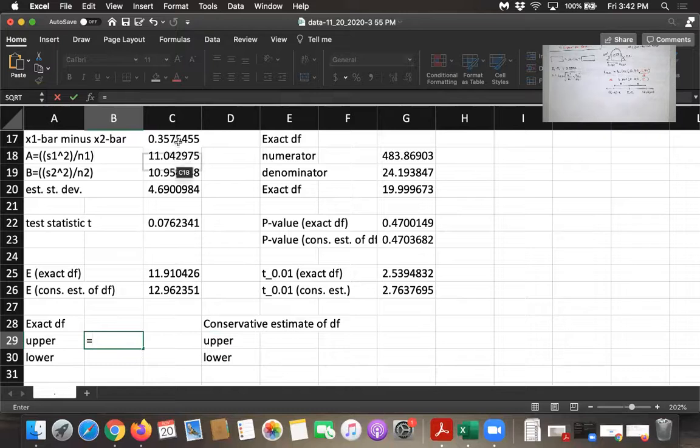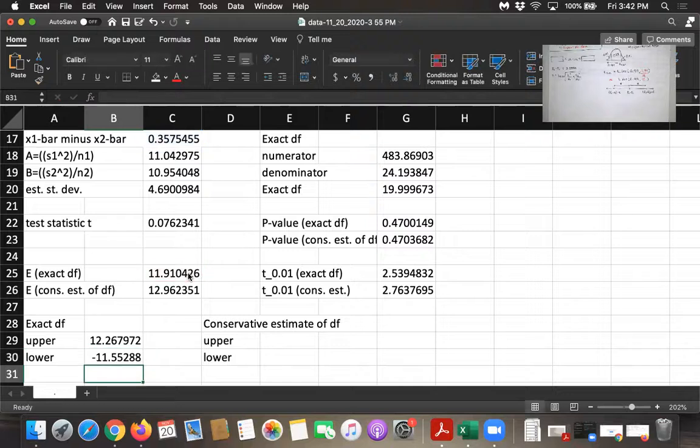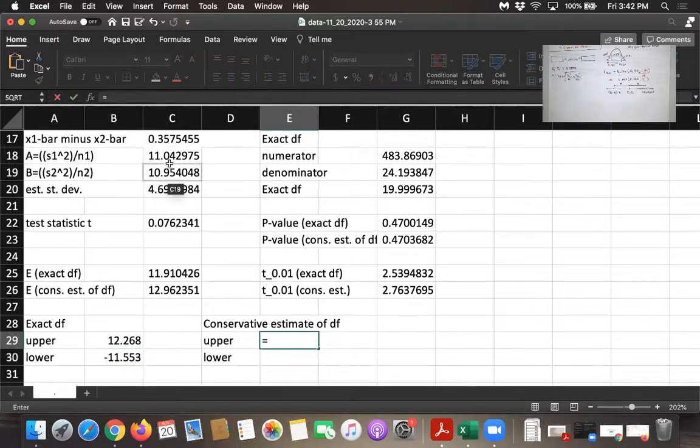So the upper limit takes x sub 1 bar minus x sub 2 bar, and it adds the error. And here I'm using the exact number of degrees of freedom. And then we have x sub 1 bar minus x sub 2 bar, and then we're subtracting the error. So we've got these values, and if we round to 3 decimal places, we get that and that. Okay, with a conservative estimate of the number of degrees of freedom, let's do the same thing. We'll use x sub 1 bar minus x sub 2 bar, and then we add the error, but let's use the second margin of error.